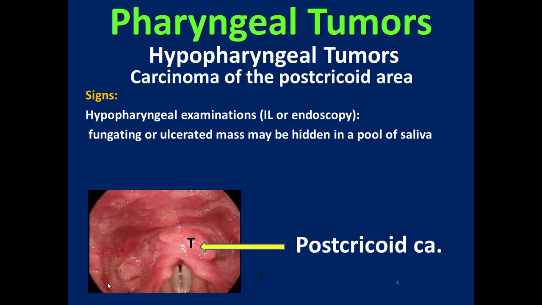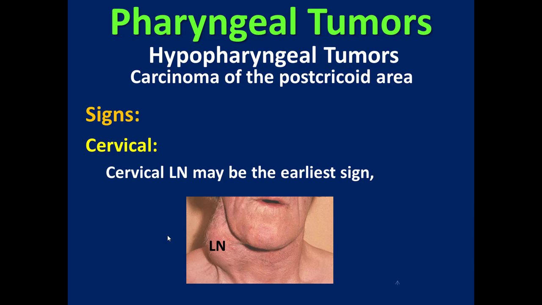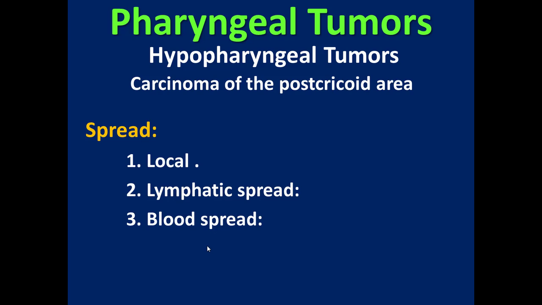On examination, to determine the site of this carcinoma, you see this is the larynx and this is the tumor of the postcricoid region, which leads to obstruction of the inlet of the esophagus, and this is an ulcerating and fungating mass. Don't forget to examine the neck, because sometimes there is a lymph node in the neck, as you see here. It is an early sign for detection of this tumor.